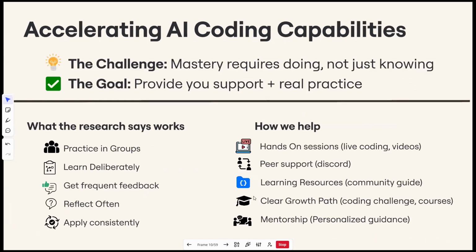The research is really clear in that what we've got with AI, or what we've got with any learning for that matter, is that the research sort of shows that if you learn in groups, you'll learn best. So that's one of the reasons the community is set up. If you learn deliberately, again, we've got some hackathons so people can come on and practice stuff.